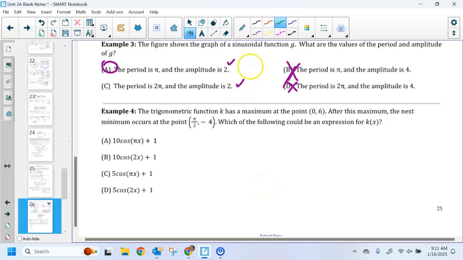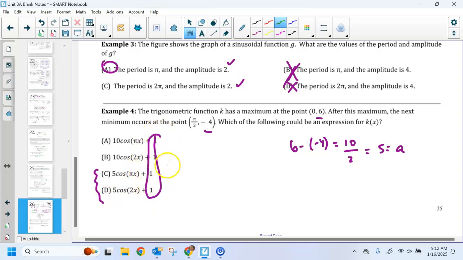Example 4, I have a max at 6, and then the next min is at negative 4. So the difference between the max and the min, 6 minus a negative 4, is 10. Divide that by 2 to get my amplitude, sorry, to get my amplitude, that means it's got to be either C or D. Notice that all of my midlines are at 1, so that's not helpful, but I do know that I don't need an amplitude of 10.